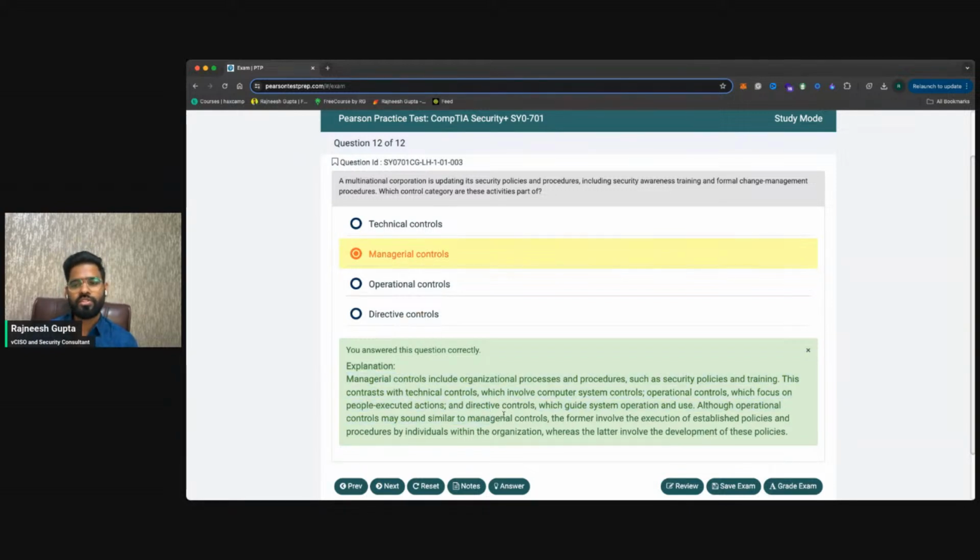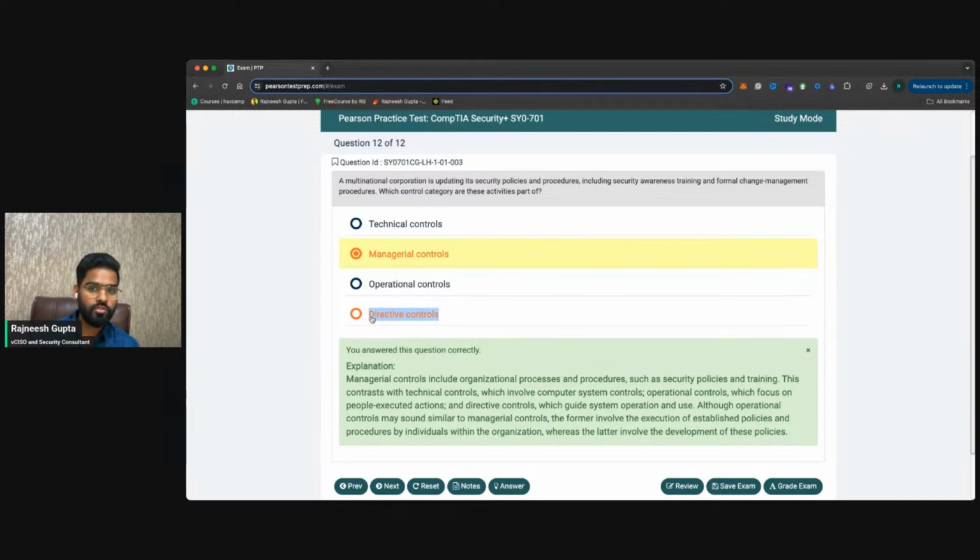Managerial control includes the operation, organization, policy, process, and procedures. So this is about updating the security policies and procedures. As I said earlier, it could be either directive control or managerial control. To be very honest, even I could get confused, right?